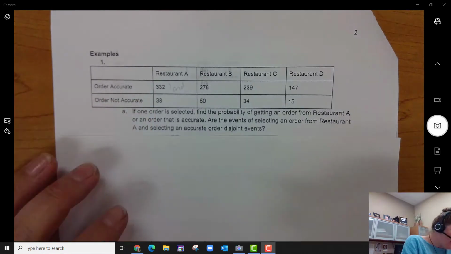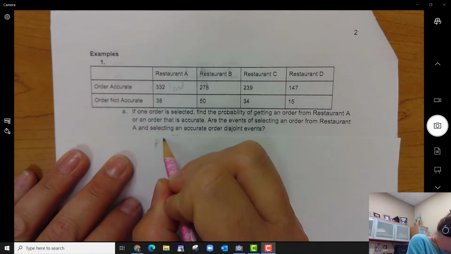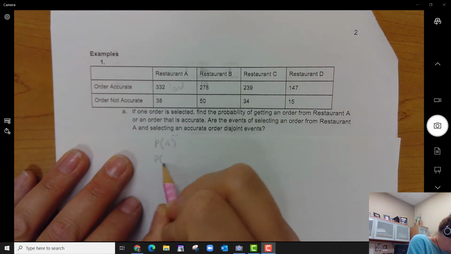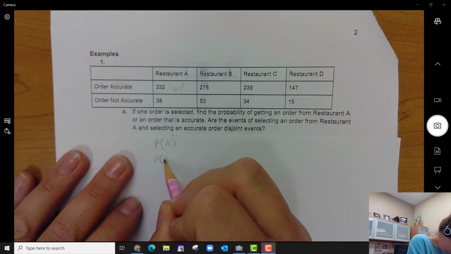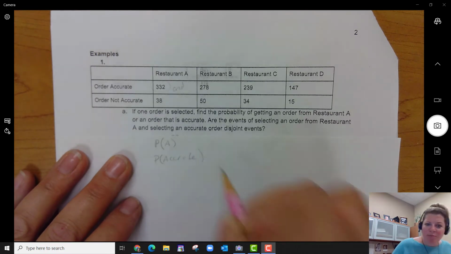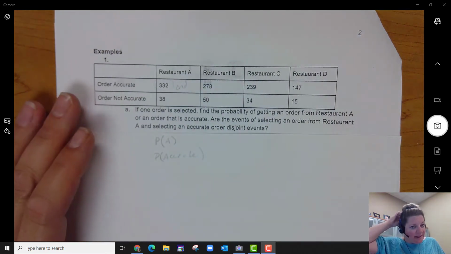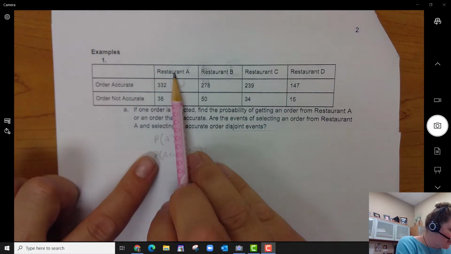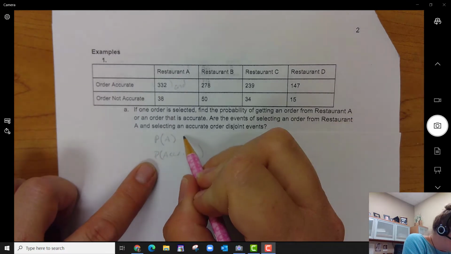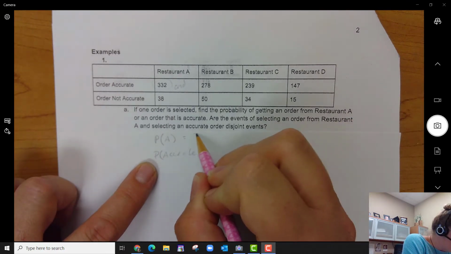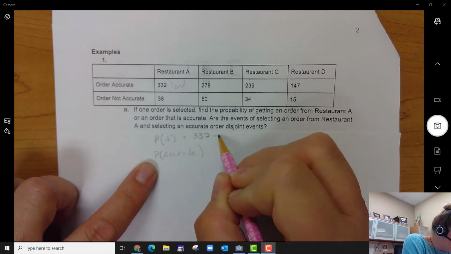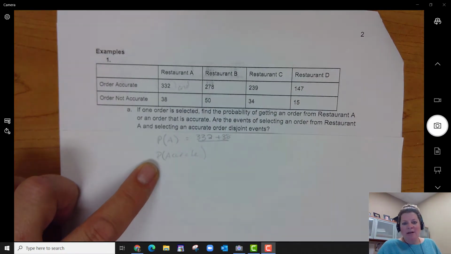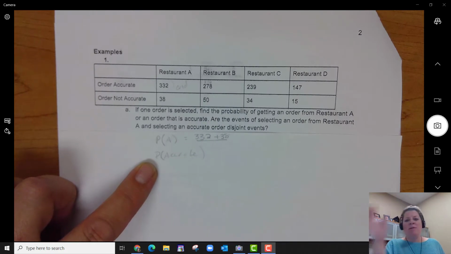So what we look at is the probability of getting an accurate order or a restaurant A order. I was going to call them both probability of A, but that's not going to work. So the probability of restaurant A is 332 plus 38 over the total number, which we didn't talk about yet. I apologize, but what's the denominator?